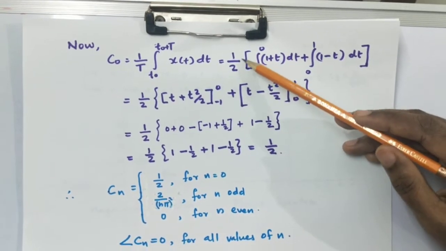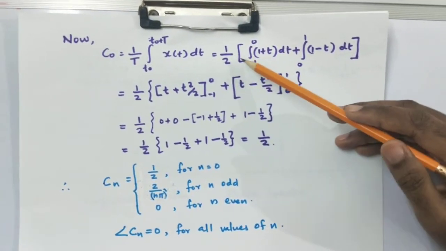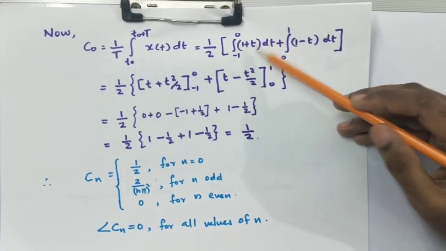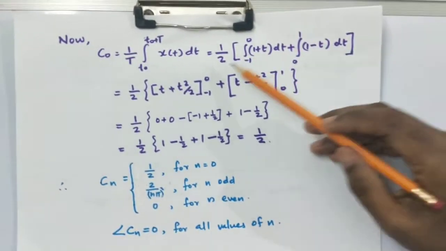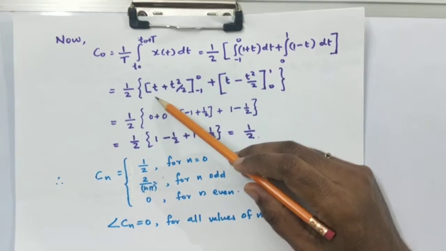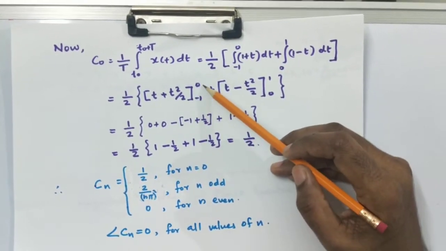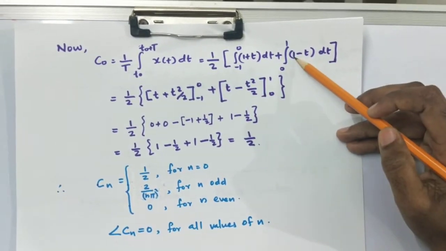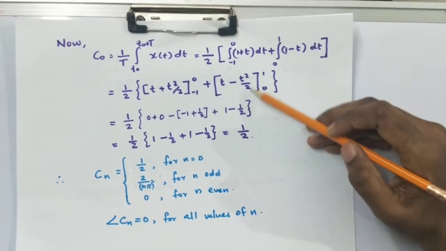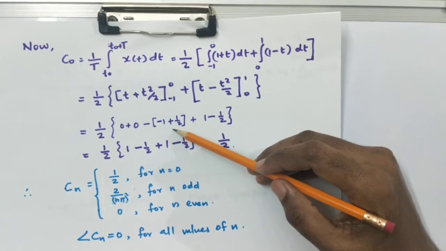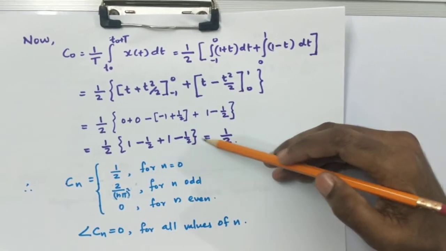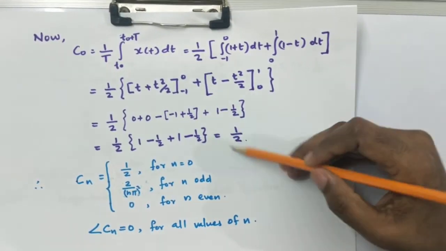So here in this case, what is x(t)? x(t) is, from minus 1 to 0, 1 plus t, and from 0 to 1, 1 minus t. So integrating 1 plus t is t plus t square by 2, minus 1 to 0, and 1 minus t is t minus t square by 2, 0 to 1. And applying the limits and substituting the values, we will be getting C0 as 1 by 2.